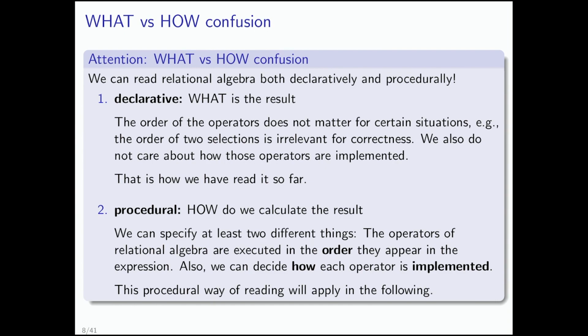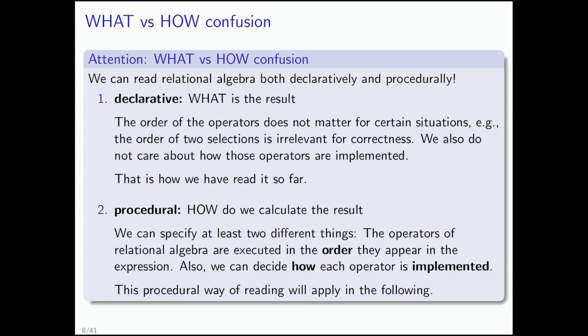Okay, and there's this typical what versus how confusion in databases, and here it's also with respect to relational algebra. So relational algebra can be read declaratively and procedurally. Declarative means: what is the result? Yeah, that's what I used before. You write that relational algebra expression.